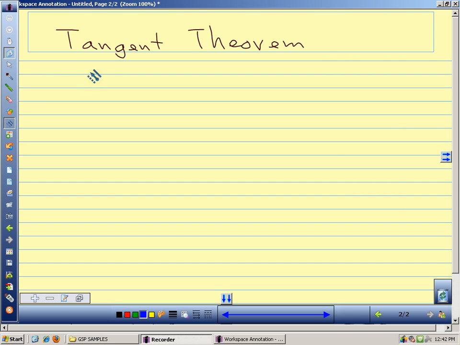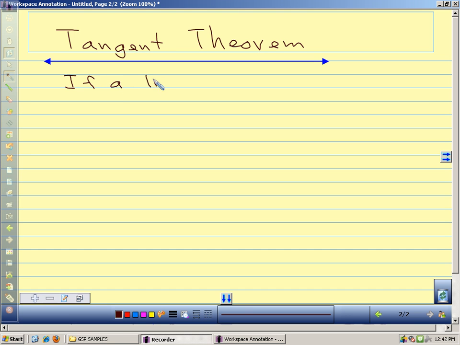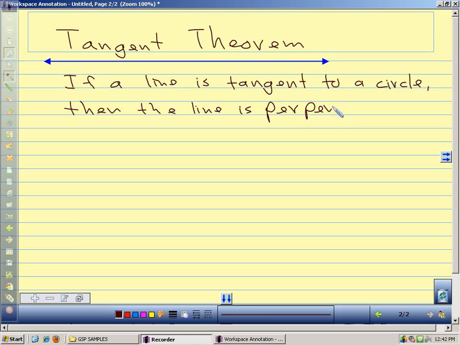And the tangent theorem tells us that if a line is tangent to a circle, then the line is perpendicular to the radius at the tangent point.